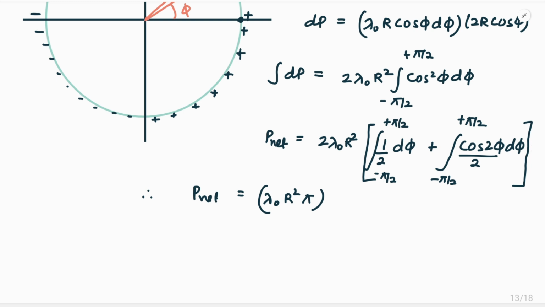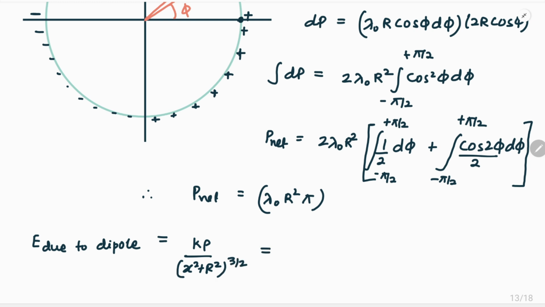So this is the value of the net dipole moment of the system. Now the question reduces itself to the electric field due to the dipole, and the electric field due to a dipole at a distance x can be written as kp by (x square plus r square) to the power 3 by 2.